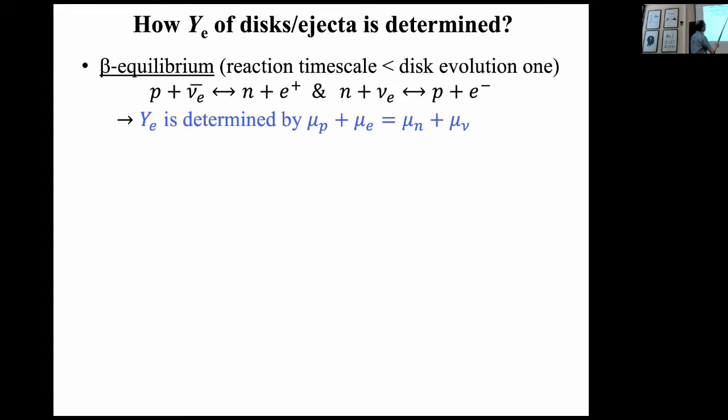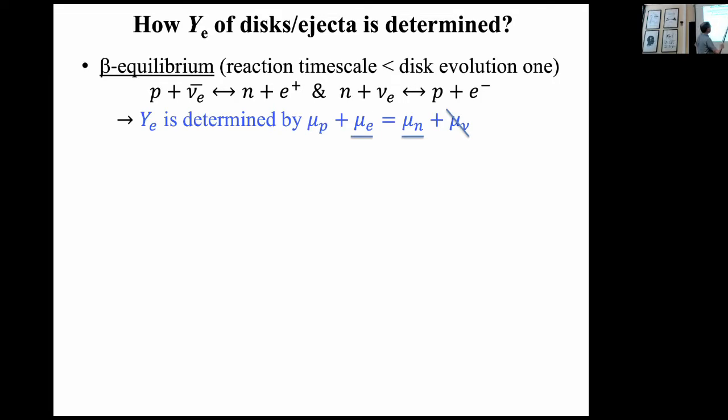Now, density is very high, so the electron chemical potential essentially completely determines this equation, because it dominates over the other chemical potentials. This term is essentially zero, and this chemical potential is much lower than the electron chemical potential. Because the electron chemical potential is very high, the neutron chemical potential should be comparable to it, and the proton one should be small.